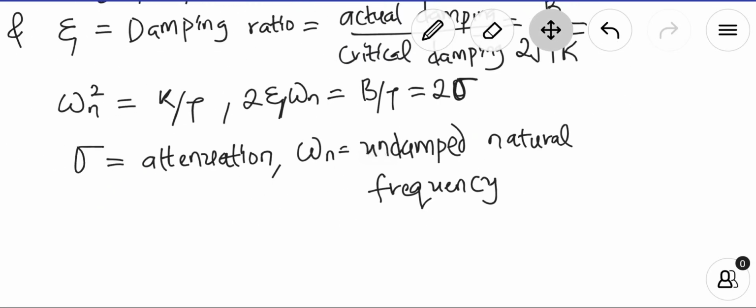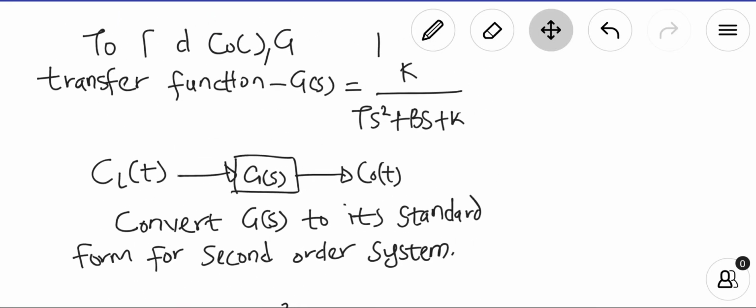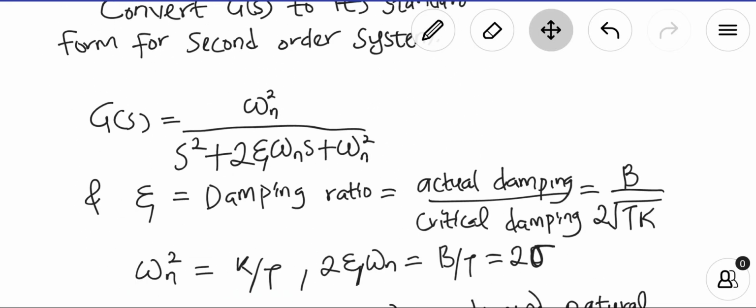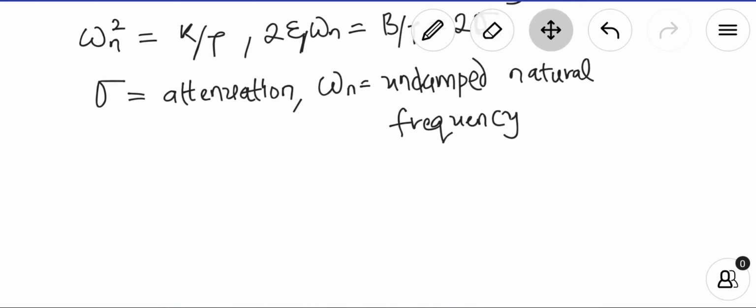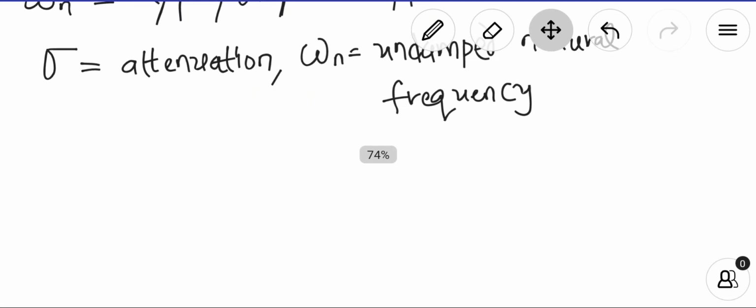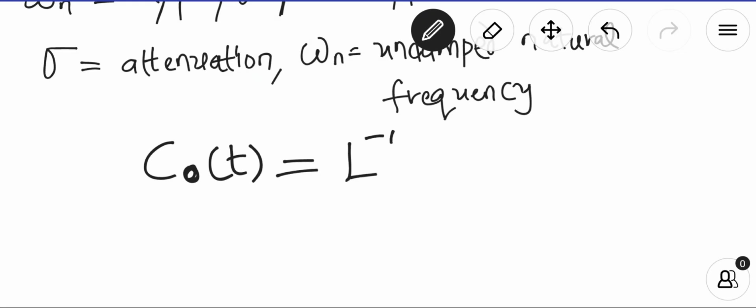So after converting the transfer function you are given to the standard form, you can now get the time response expression for the second order system.